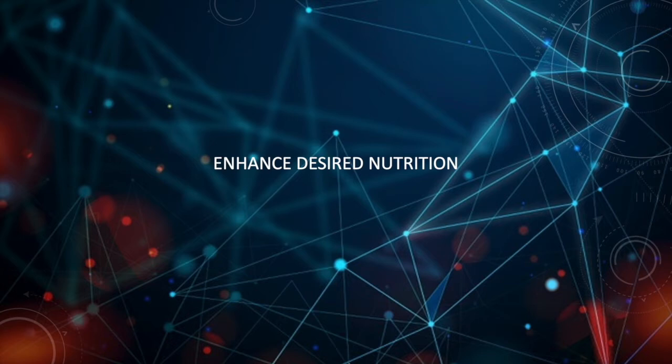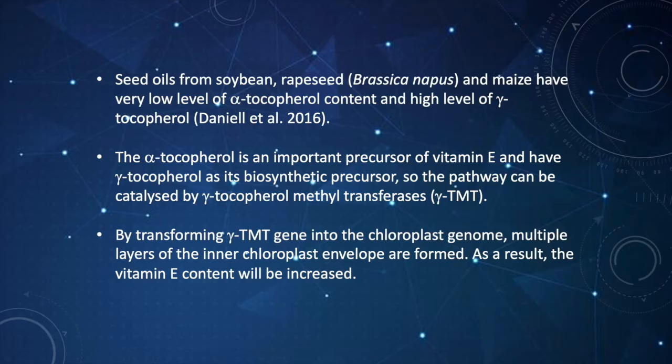Chloroplast engineering can also be a brilliant strategy to enhance desired nutrients in crops. As an example, seeds from soybean, rapeseed, Brassica napus, and maize have a very low alpha tocopherol content and a high level of gamma tocopherol. The alpha tocopherol is an important precursor of vitamin E and has gamma tocopherol as its biosynthetic precursor.